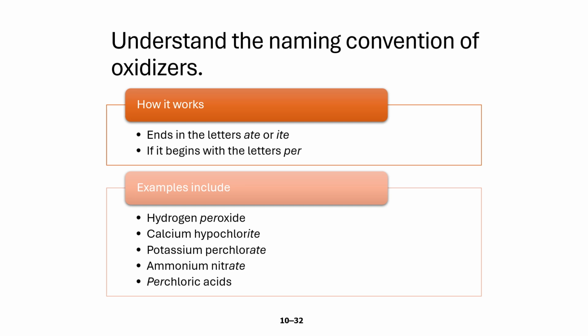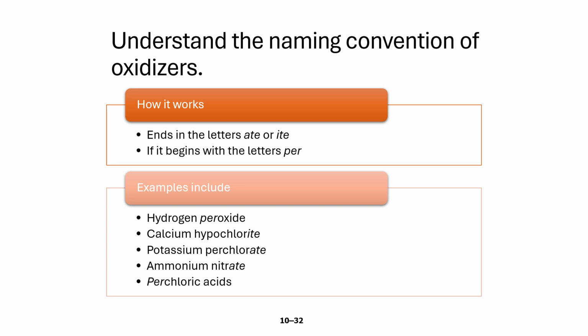Oxidizers are unique in their naming convention. When inspectors encounter a chemical that ends in the letters ATE or ITE, or if the beginning of the chemical begins with the letters PER, the hazardous material is probably an oxidizer.